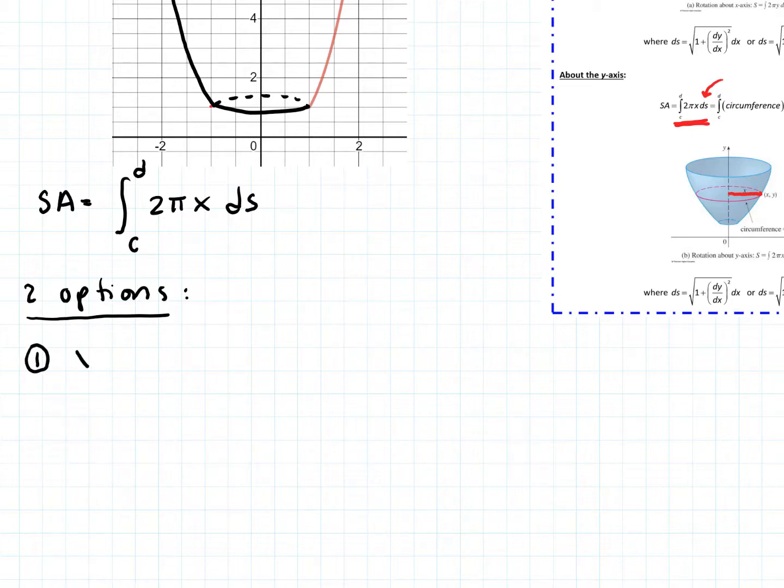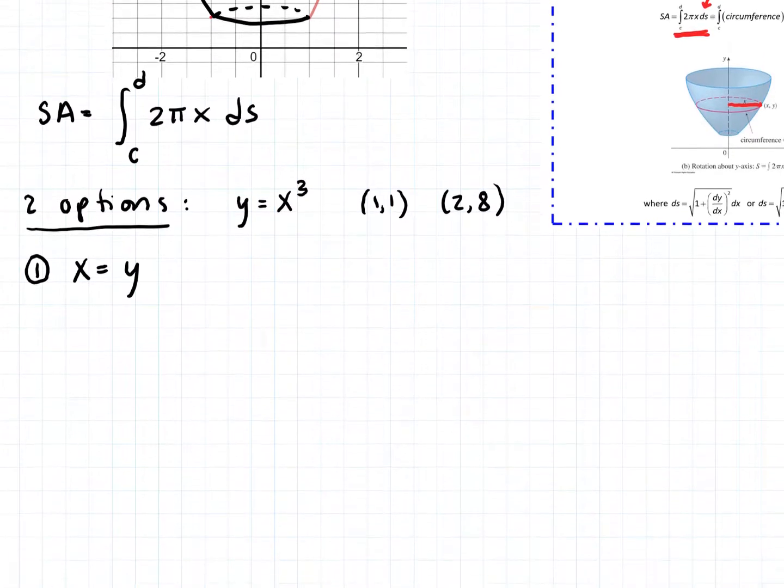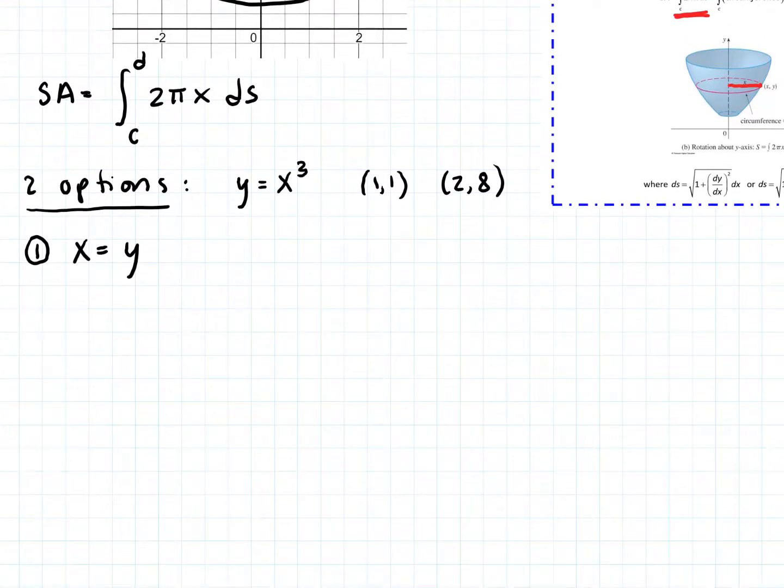One option: remember we're starting with y equals x cubed from (1, 1) to (2, 8), so I'll rewrite it. We could start with x as a function of y, since we're going around the y-axis. If I manipulate that and take the cube root of both sides, x equals y to the 1/3, bounded between y equals 1 and y equals 8.